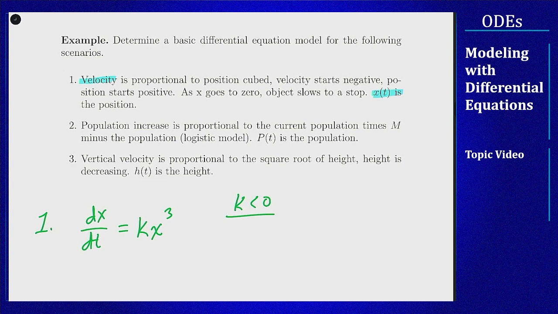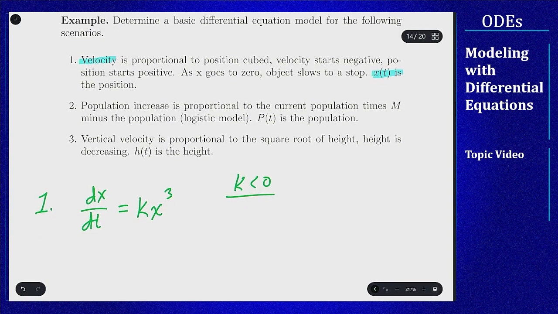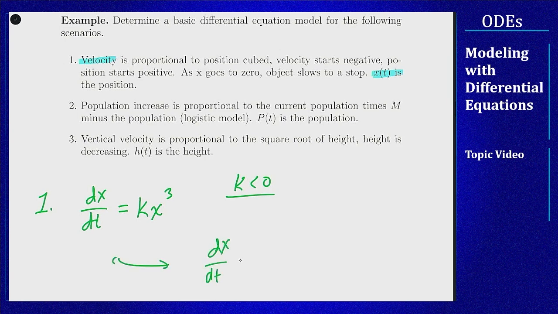As x, being positive, goes to 0, velocity should still be negative and get smaller and smaller, which it will, because when x goes to 0, the velocity also goes to 0. So we either have a setup like this, where I know k is a negative constant, or I could rewrite this as dx/dt equals negative k x cubed, where now k is a positive constant. Normally, you'll want your k's to be positive constants. It makes it easier to solve things out, but either way works as long as you have the signs right in the problem that you have.